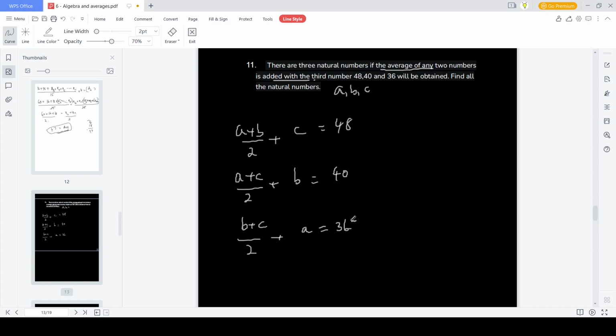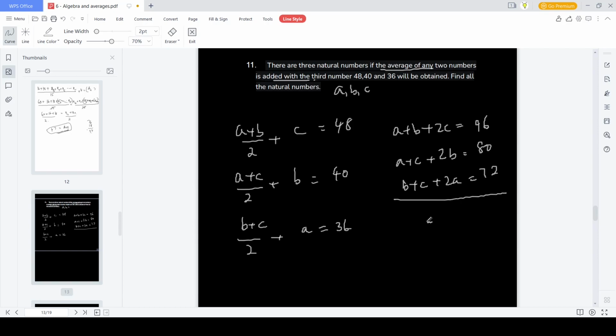Now throughout I can just multiply by 2. I will get a plus b plus 2c is equal to 96, a plus c plus 2b is equal to 80, and b plus c plus 2a is equal to 36 into 2, that is 72. Now I can simply add these three equations.